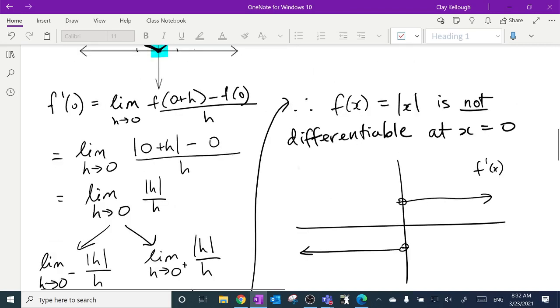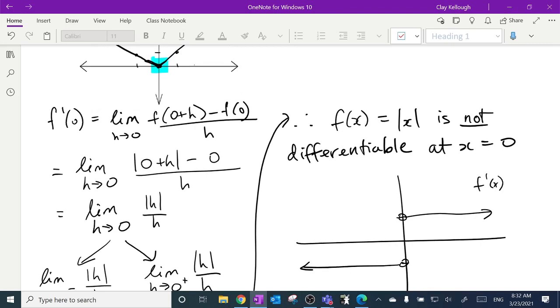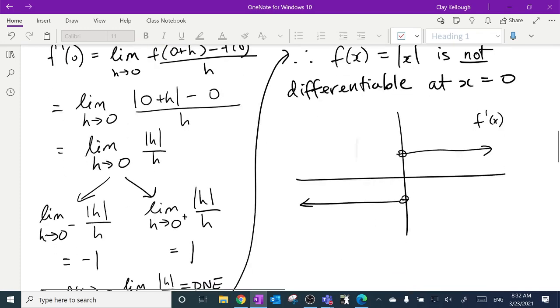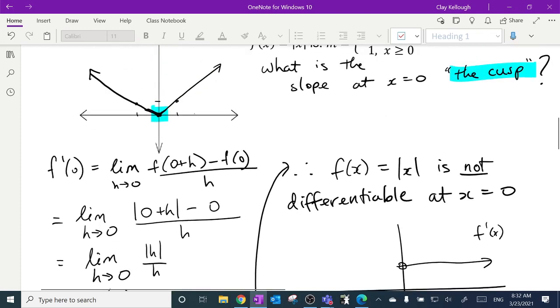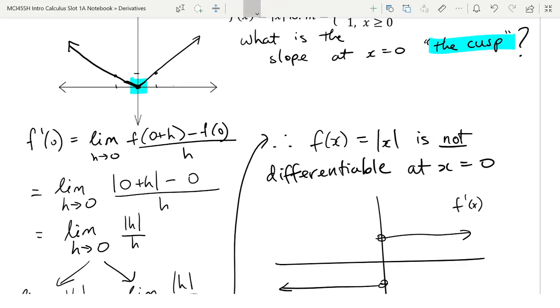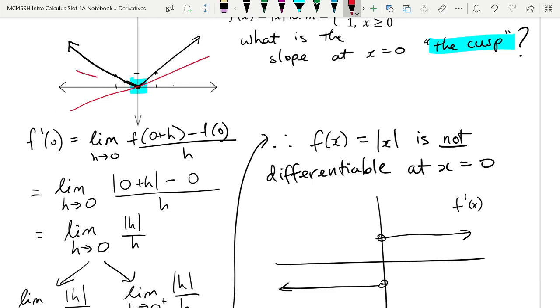That's a nice, much more formal proof than the way I did it last time, when I just showed you really quickly that f of x is not differentiable at a point like this, a point called a cusp. The way I explained it last time is still a valid explanation. Notice that you can't draw a unique tangent at this point. There's a tangent, there's a tangent, there's a tangent.